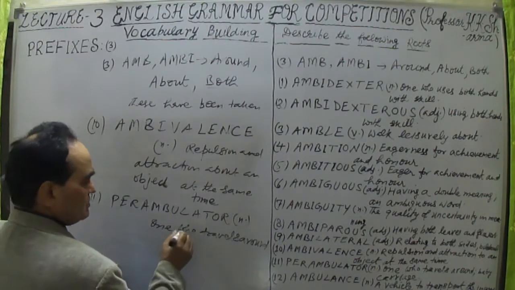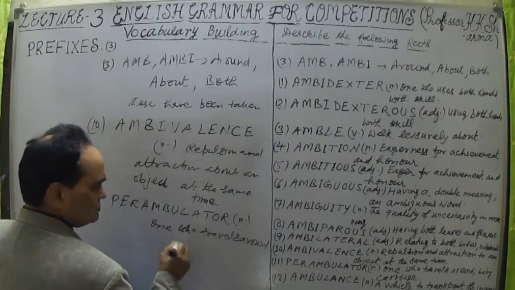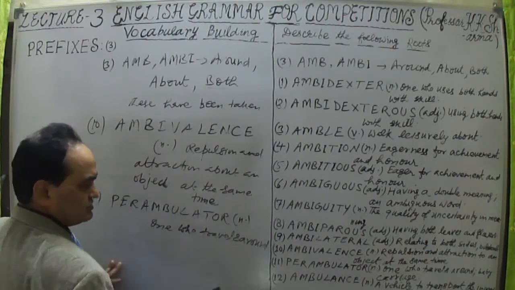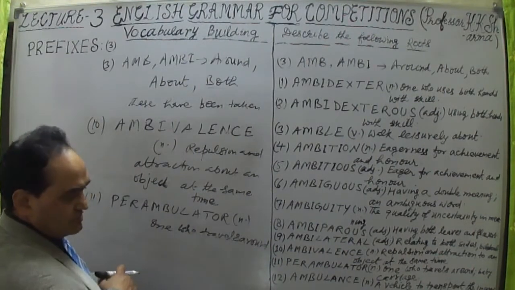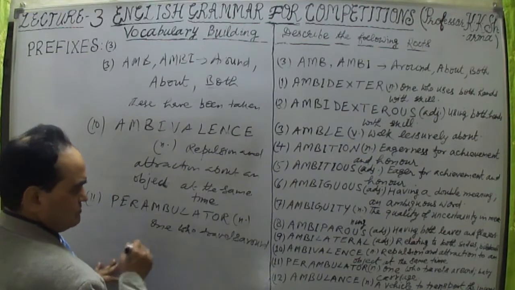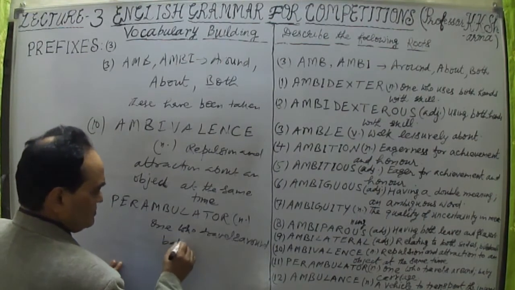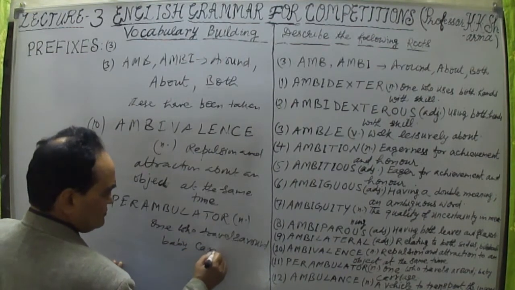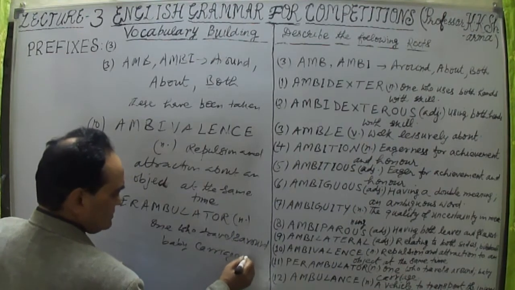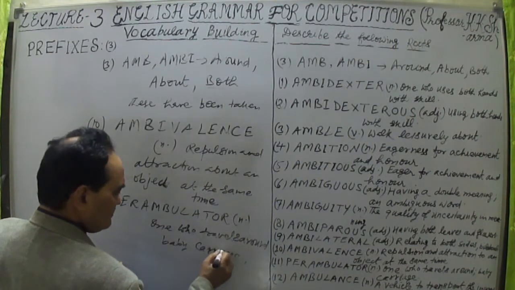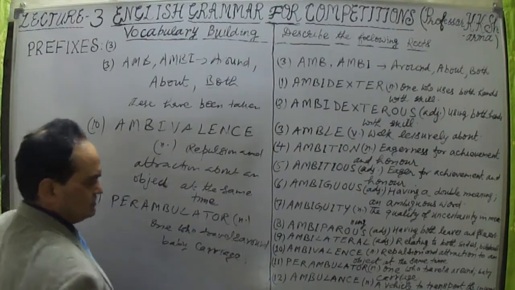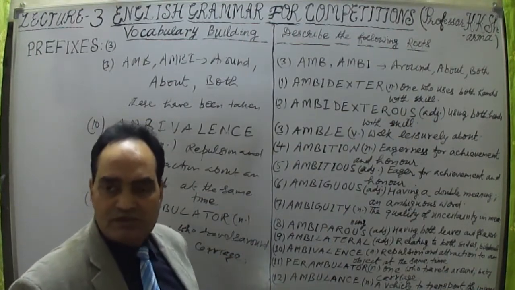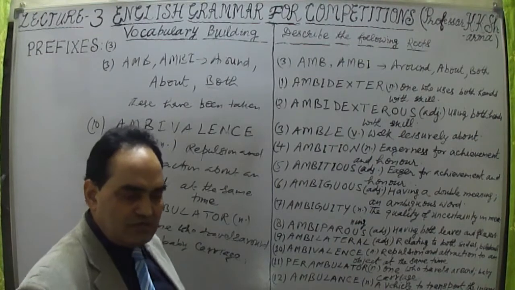That is perambulator. Anything which travels around, where the person is being surrounded by that vehicle, or that vehicle is known as a perambulator. For example, a baby carriage. A baby carriage is mostly known as a perambulator, a vehicle for taking a baby around.